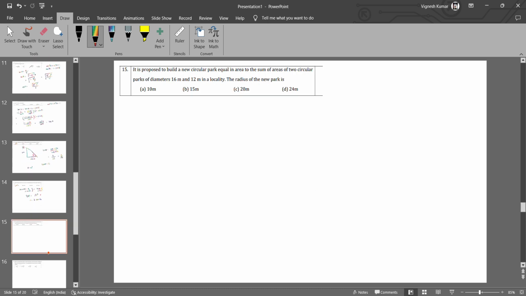Okay. Next, it is proposed to build a new circular park equal in area to the sum of areas of two circular parks of diameters 16 meter and 12 meter in a locality. The radius of the new park is. So there are two circular parks. One circular park is of the diameter 16 meter and the other circular park is of the diameter 12 meter.